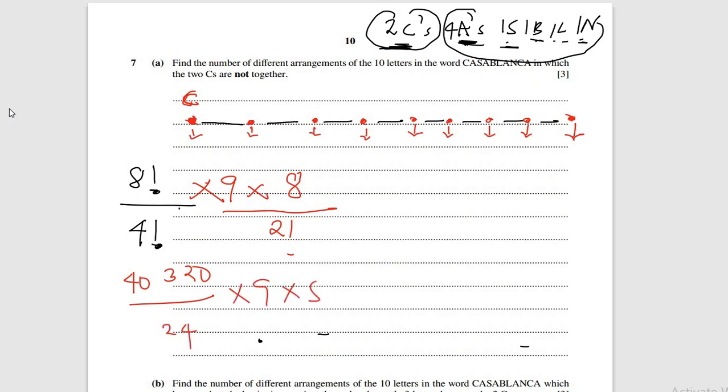Multiplied by 9 times 8 divided by 2 factorial, which is 2. Yes, it gave us the same answer. I think I'm okay with this method. 60,480 ways. That's it.